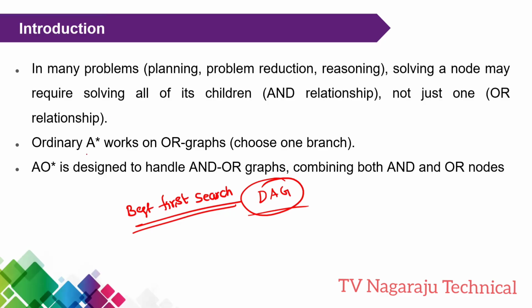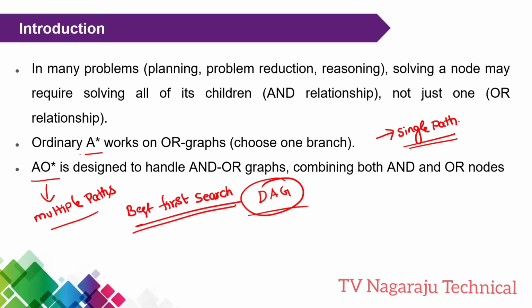The traditional A star algorithm explores a single path, but this AO star algorithm explores multiple paths. So compared to A star, AO star handles multiple paths simultaneously. So obviously it is more efficient for solving the problem.